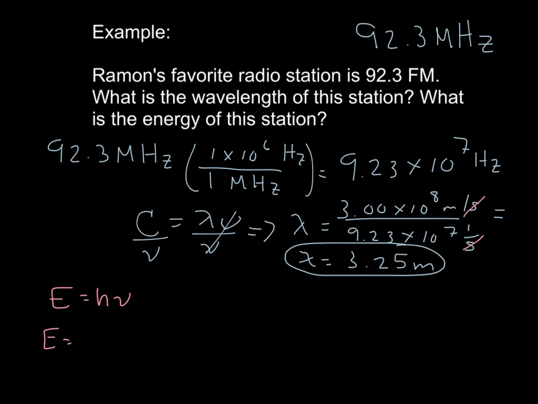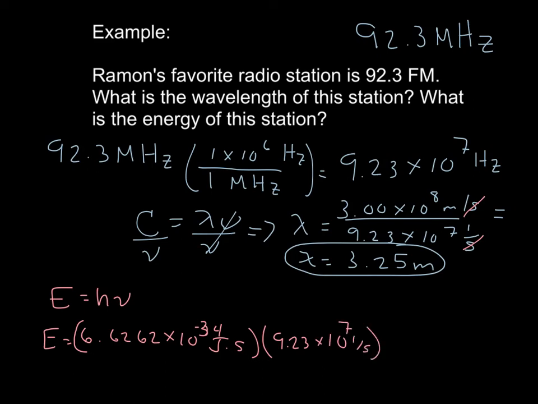H is again Planck's constant, 6.6262 times 10 to the negative 34th, make that a 3, joules times seconds. And we're going to multiply that by the frequency, 9.23 times 10 to the 7th 1 over second, cycles for hertz. The reason again is we want to be able to cancel out our seconds.